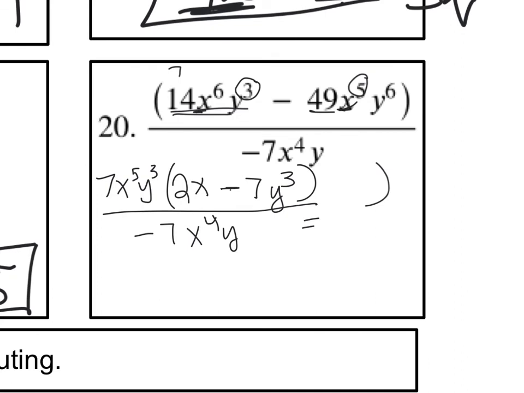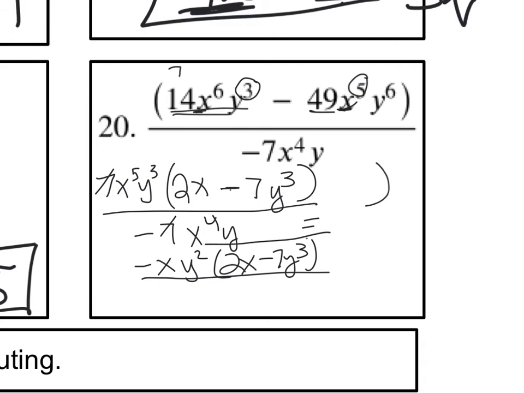Alright, so the 7's, that'll go in there negative 1 times. And then the x's, 5 minus 4 is 1. And then the y's, you have 2 left over. And then you still have this binomial here. So your answer becomes that. It's just the numerator now.